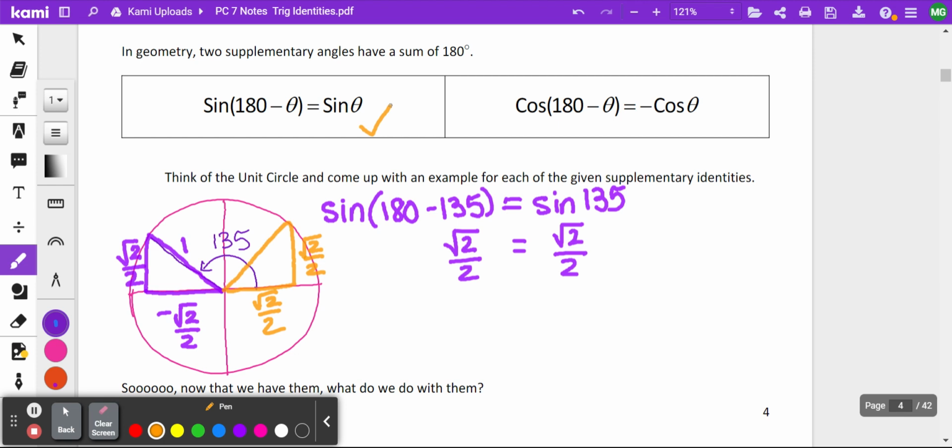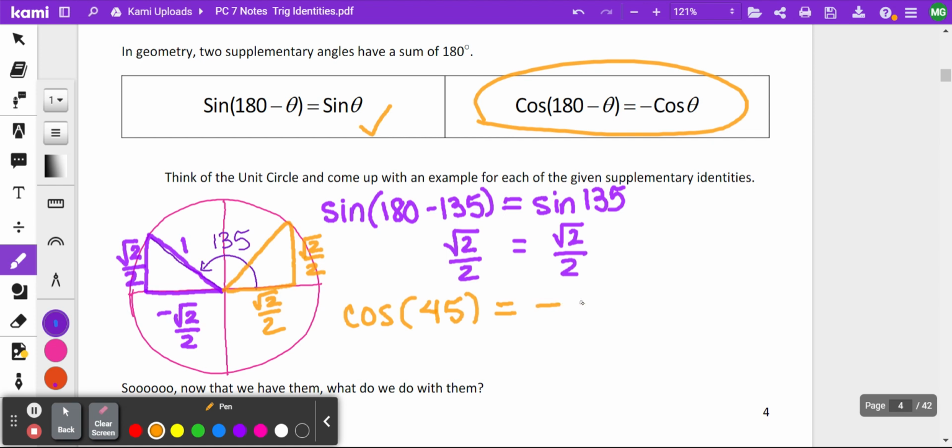And let's go ahead and use the same triangles for cosine. So the cosine of 180 minus 135. So now I'm going to do this one right here. So the cosine of 180 minus 135, so in other words, the cosine of 45, is equal to the opposite of the cosine of 135. All right, let's look at this. The cosine of 45 is root 2 over 2.